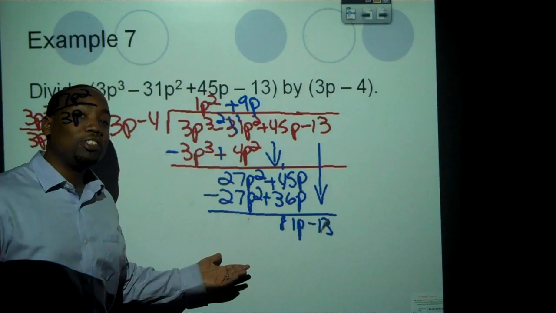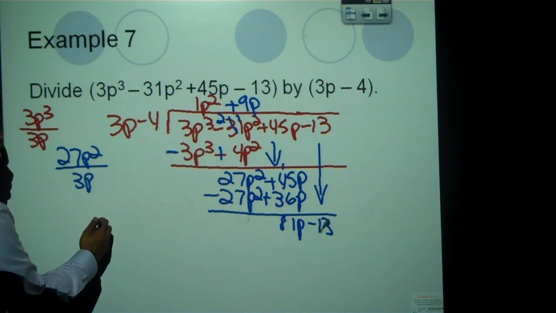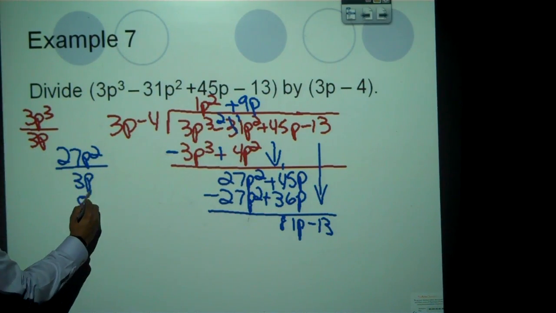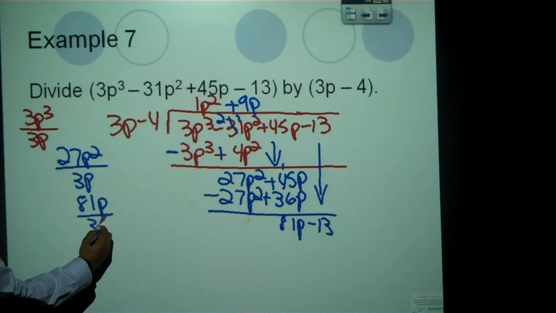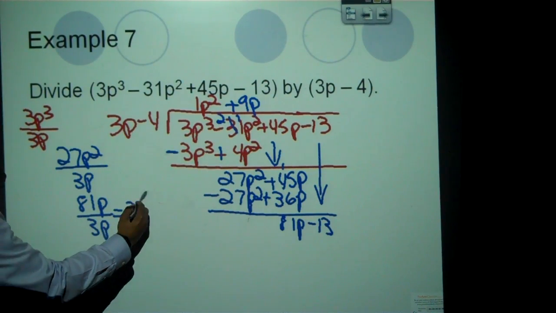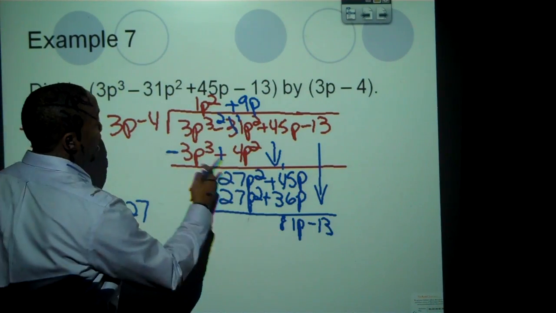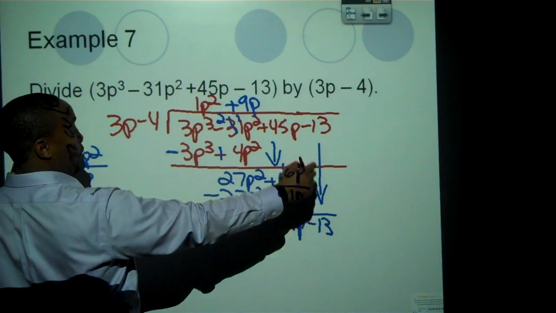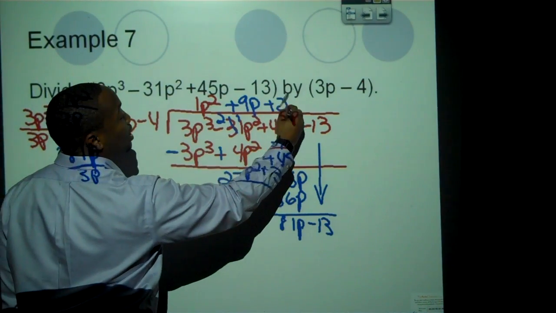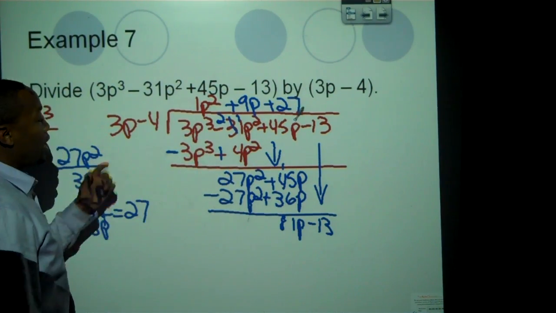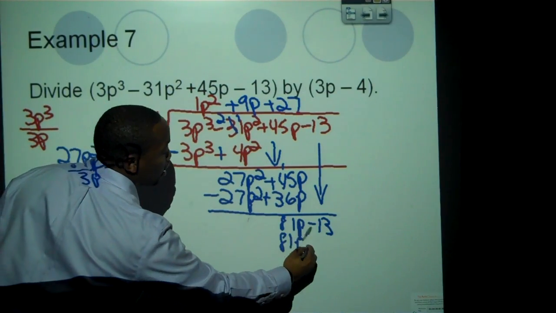I just pretty much told you the answer, but we'll go through it anyway. 81p divided by 3p, it actually gives you 27, right? These p's cancel out, and I'm left with just 27. So my answer would be a positive 27.